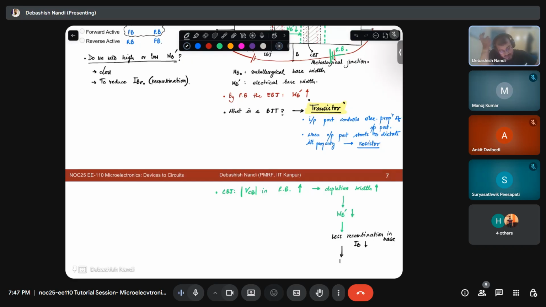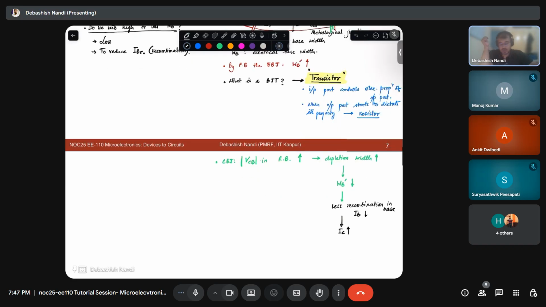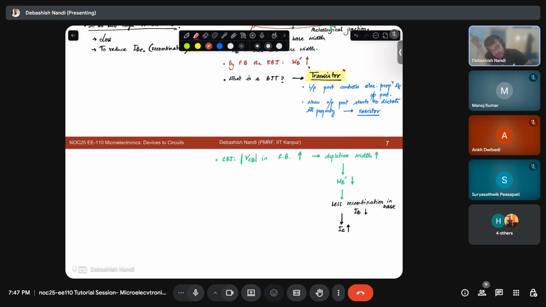So to balance that, my IC will increase. Fine. So what can I see? I see that by controlling my VCB, I am able to control my IC. Should I be able to do that if it is a good transistor?